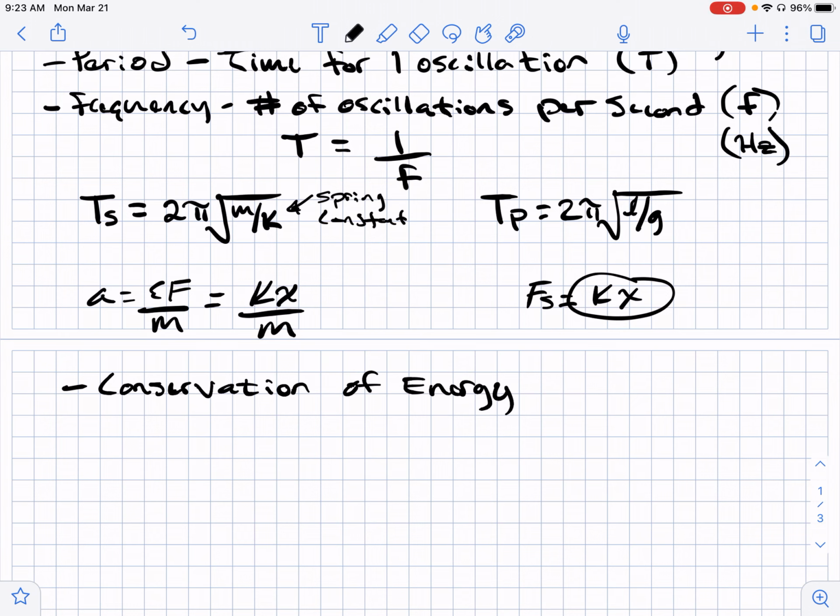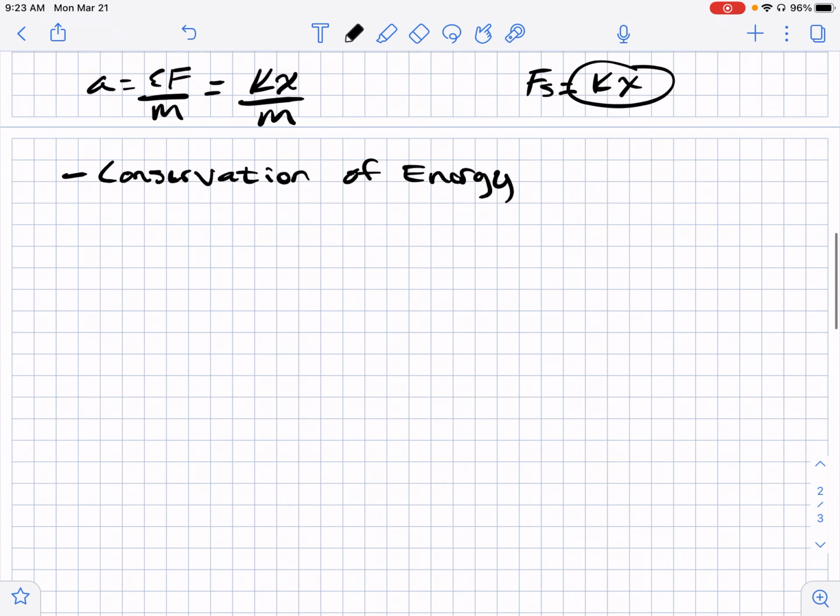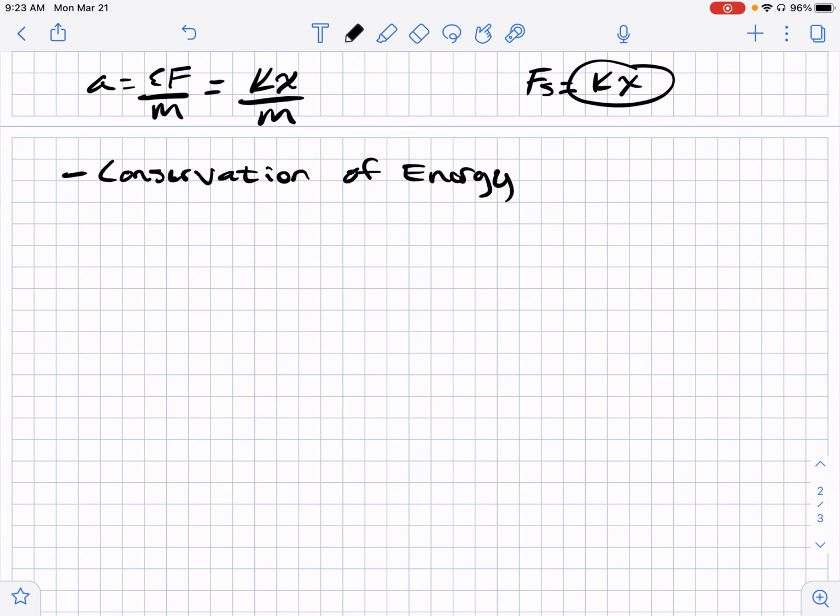Now, the last thing that we're going to go over is graphically how to analyze an object that is in simple harmonic motion. So let's use an example with the horizontal spring. I'm going to draw that out. And I'm not going to draw the spring because it gets messy drawing the spring so many times in here, but let's say at time equal to 0 seconds, my horizontal spring is at this max stretch position.